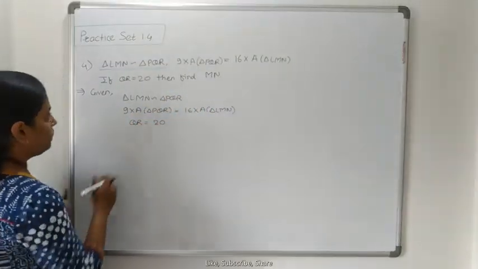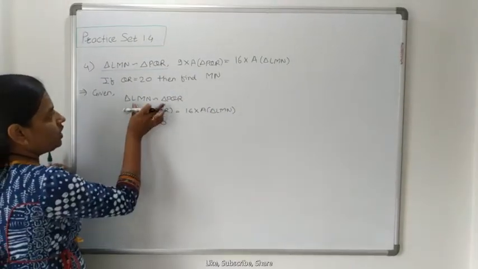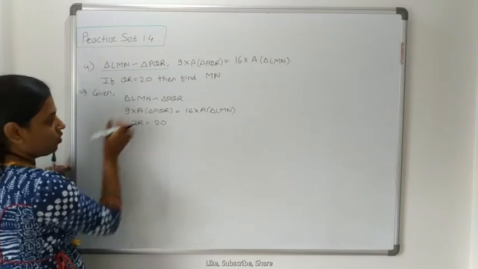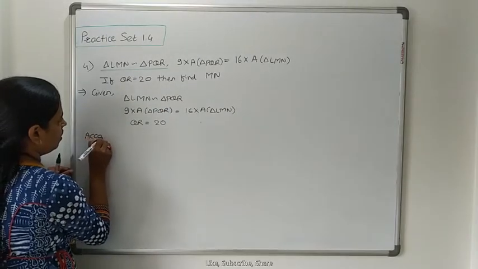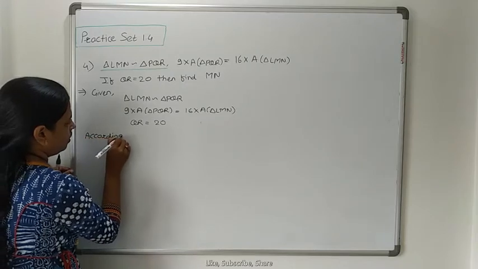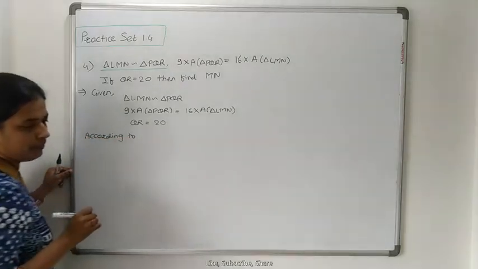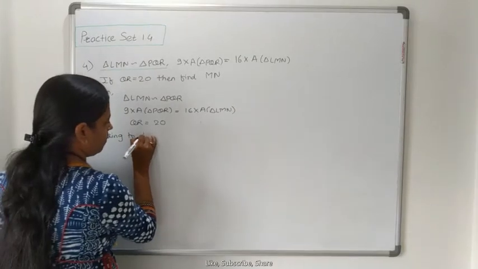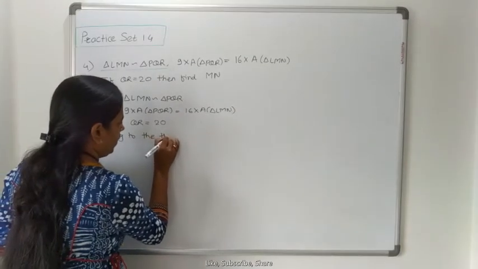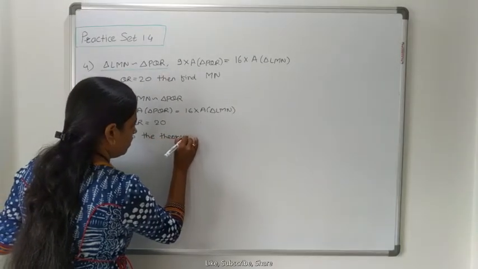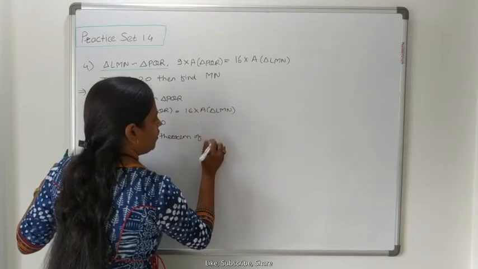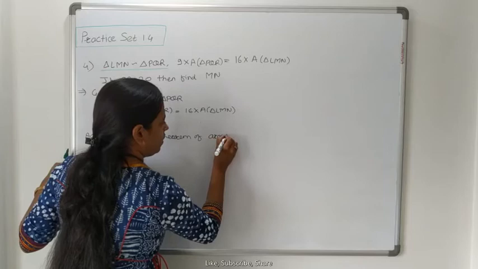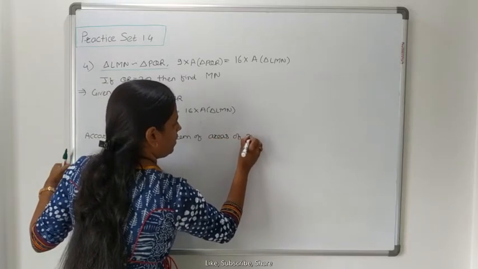So how do we find it? We know that these two triangles are similar triangles. So write down now, according to the theorem of areas of similar triangles.